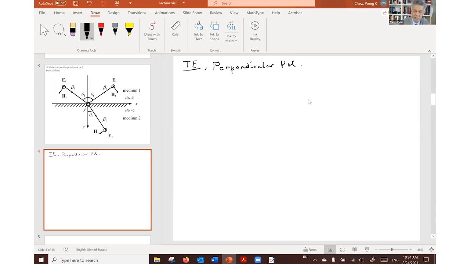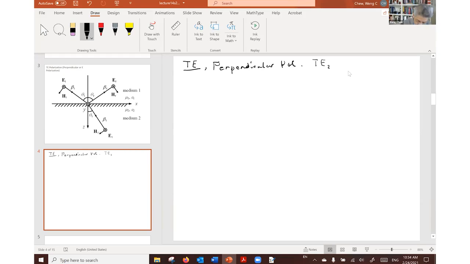Sometimes it's also called a TE to Z wave. It is actually with respect to the Z axis that this electric field is transverse. In a homogeneous medium like free space, you can just say TE and it's well understood. But in the case where you have an interface, you sometimes have to specify that it is TE to Z.